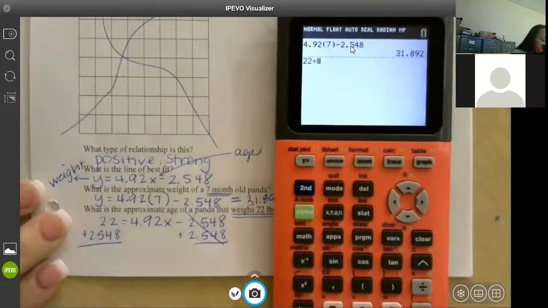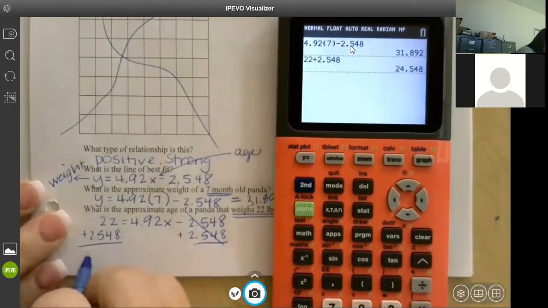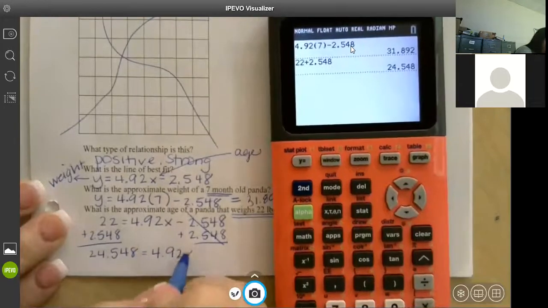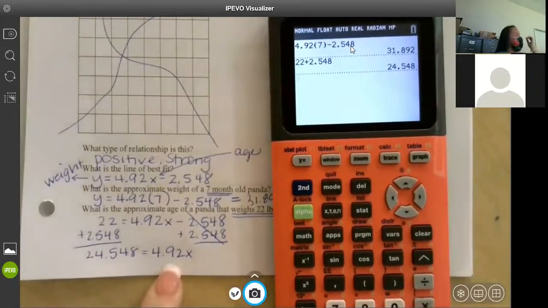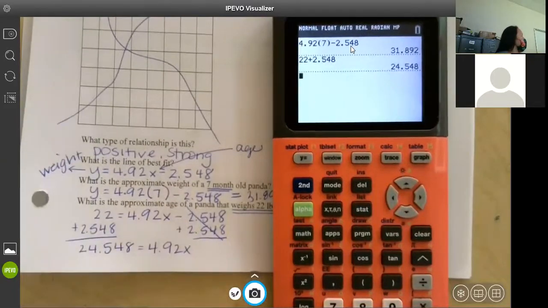So 22 plus 2.548 gives us 24.548 equals 4.92x. How do I get rid of that 4.92 now? Remember, you do the opposite operation. What am I doing between 4.92 and x? Add, subtract, multiply, divide?